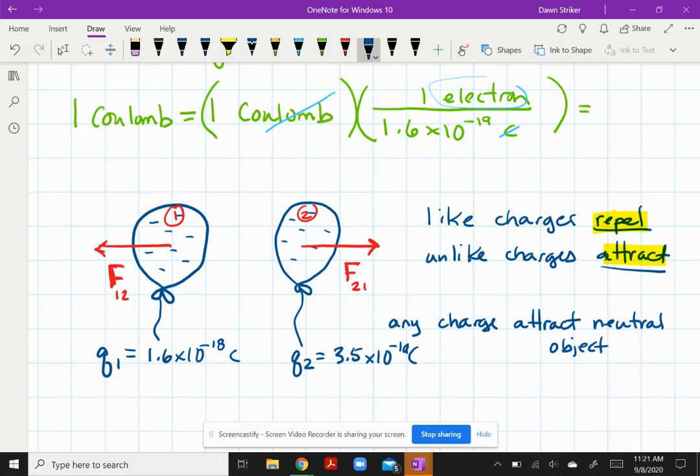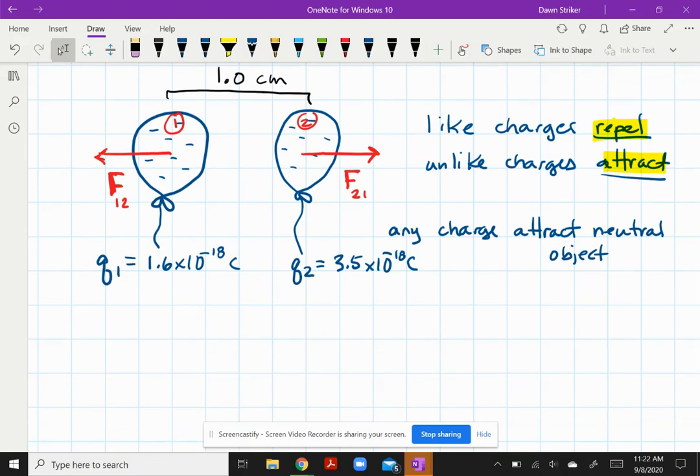Actually, I want this to be negative 18 coulombs, for no good reason, just to have some similarity between those exponents. And what about the distance? Let's just say it's 1 centimeter. We're going to use significant digits, so I'll say 1.0 centimeters. That gives me 2 significant digits. So there's the stuff I need to write down this force law.